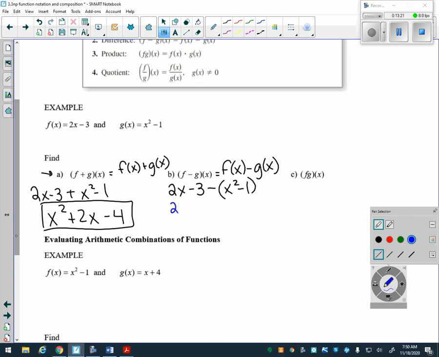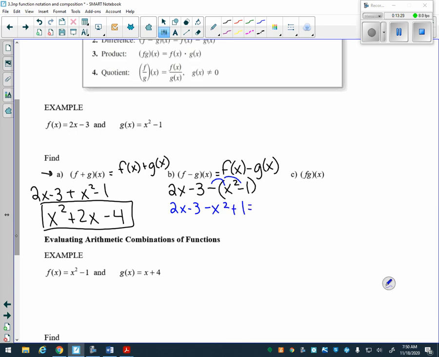So we have 2x minus 3, and distribute the negative sign, negative x squared plus 1. Now we do the same thing, combine like terms and rewrite from highest exponent to constant. So negative x squared plus 2x minus 2.